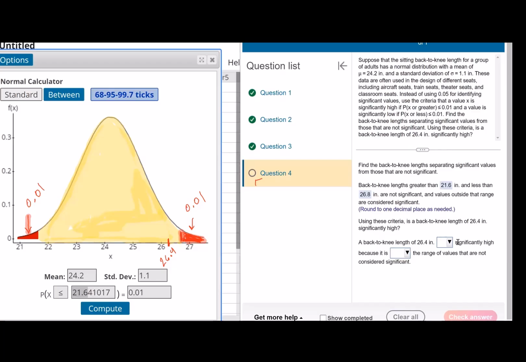This is not significantly high because it is inside the range of values that are not considered significant. Out here, this is significant, and this is significant. The red is significant. The yellow is not significant. It falls inside.